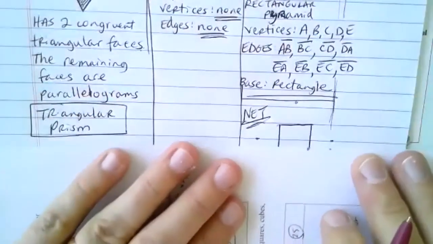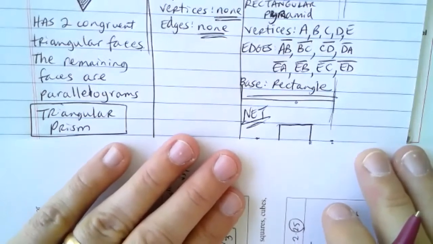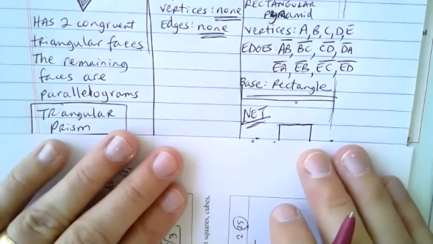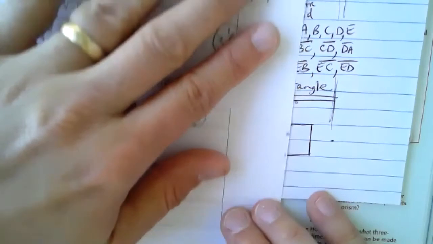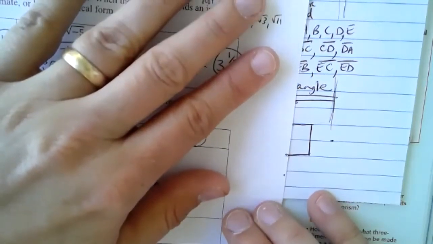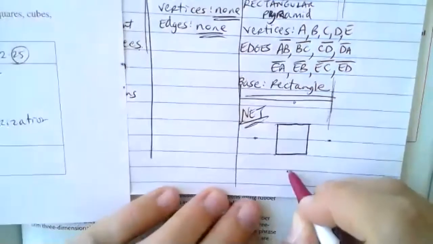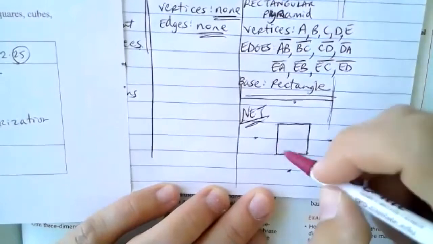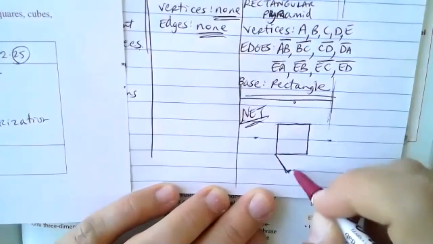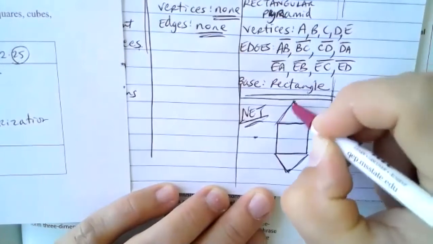I'm on this net, and if I want everything to be the same distance, I can take another sheet of paper and just look at that and make little marks. If you don't have a ruler on you, this is just an easy way to do that. So that's about the right distance there, and then this should be about the right distance here. So let's put a dot right there. I'm going to try and draw it the best I can, but it's not going to be exact. As close as it can be.